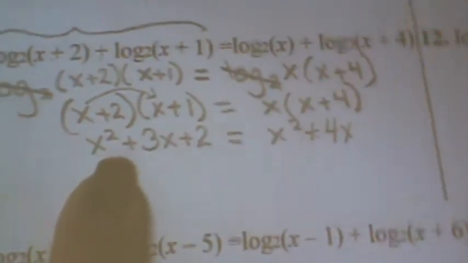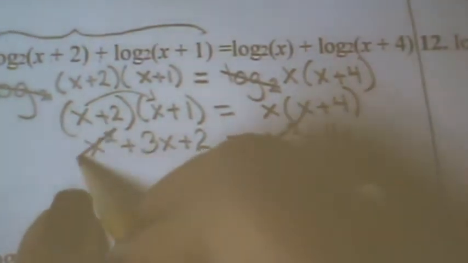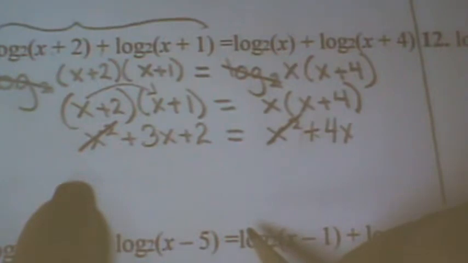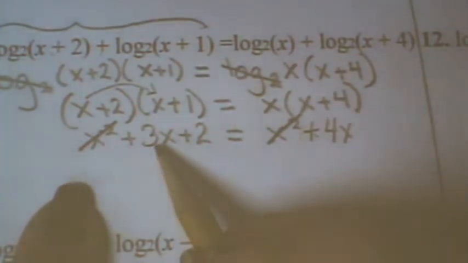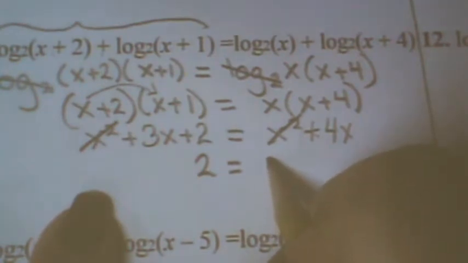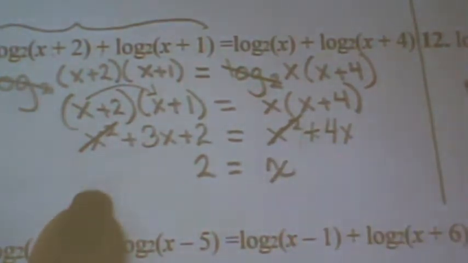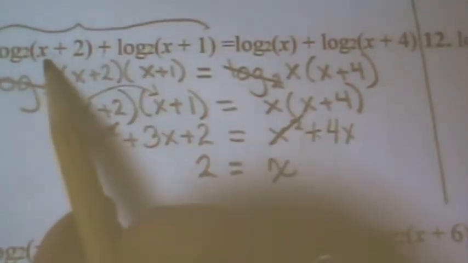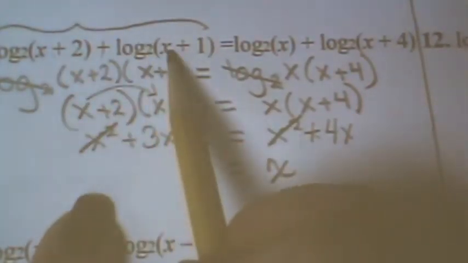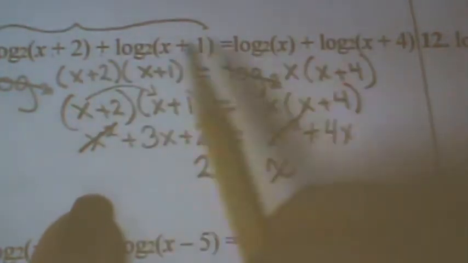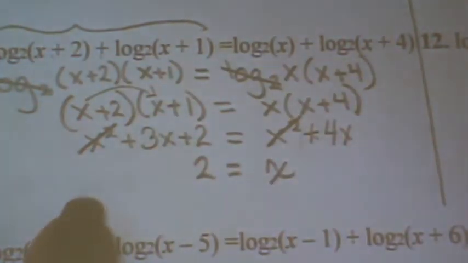Yes. What can you do with these? Cross them out, they're identical. And how would you finish this off? I would subtract 3x. And what's x? X is 2. Now, if I take a second and plug 2 in here, and 2 in here, and 2 in here, and 2 in here, you will get the left and the right side match.